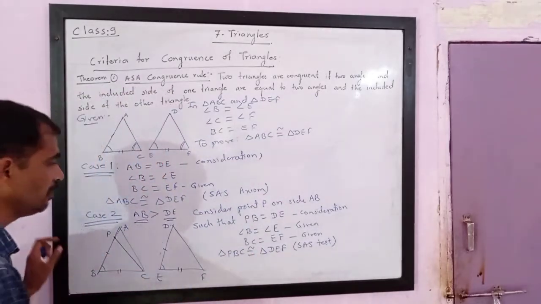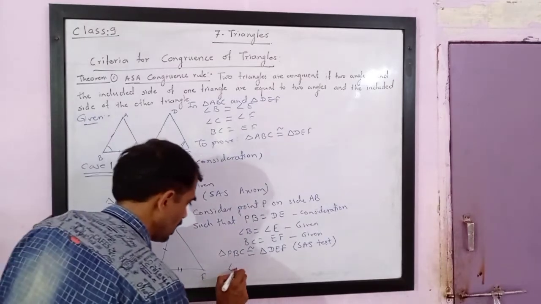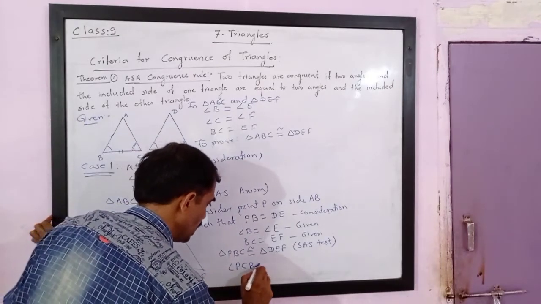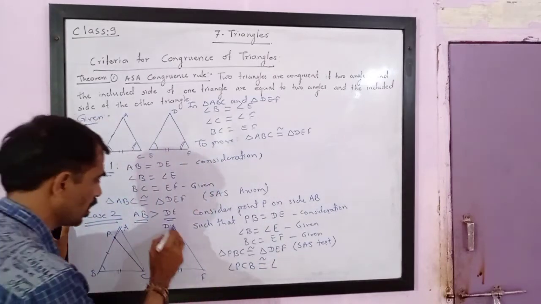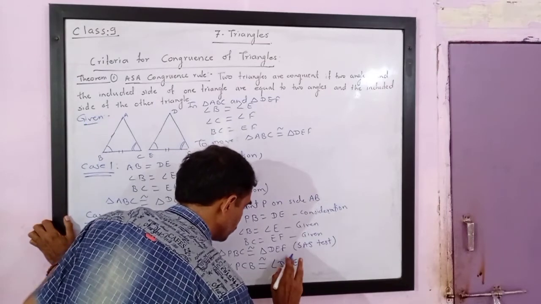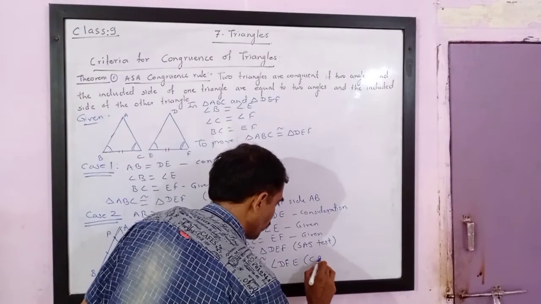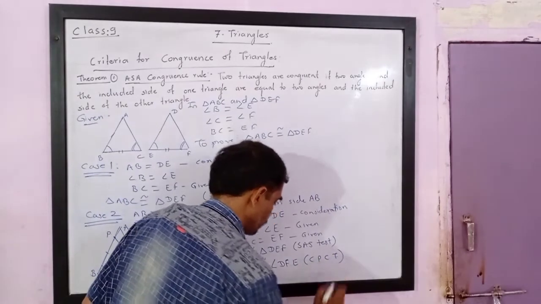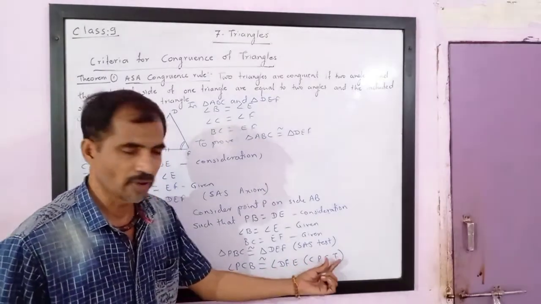That is what we have studied. Now here it means angle PCB is congruent to angle DFE. The reason is they are corresponding parts of congruent triangles. You can say corresponding angles of congruent triangles.